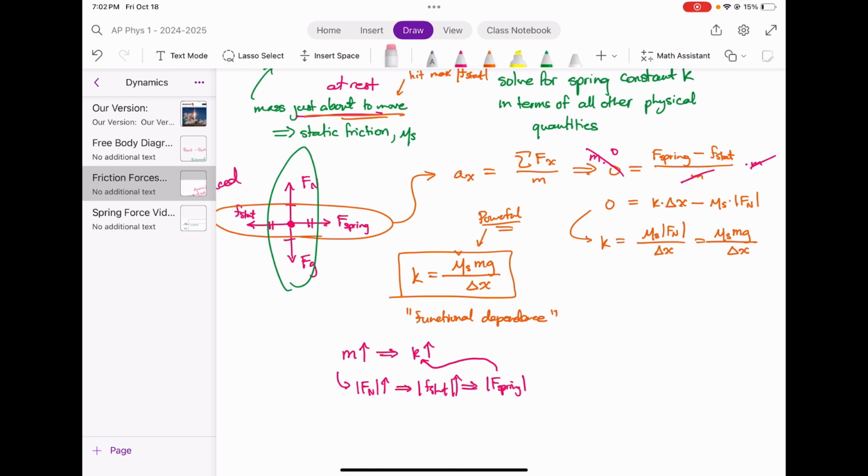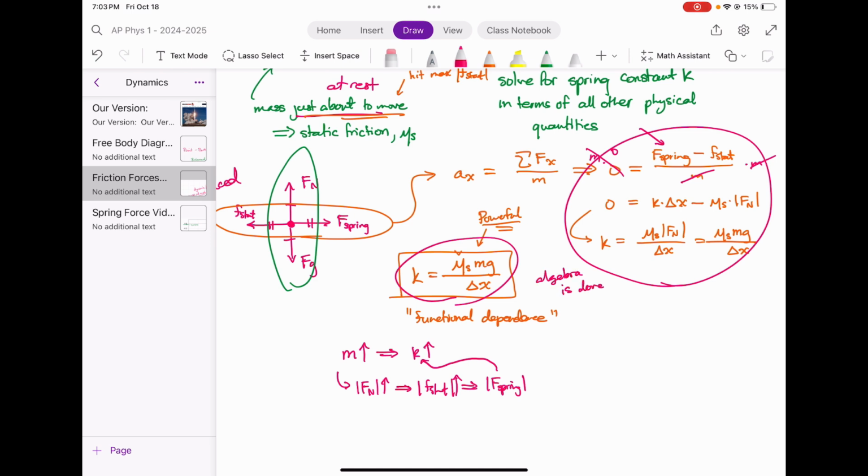Whereas if you plug in the numbers first and then you do all this algebra and you get to the wrong answer and you realize you plugged in the wrong number at the very beginning, well, now you got to redo all that algebra again, right? But if you have the formula, the algebra is done, right? So if you get one of the numbers wrong, no worries, right? Just plug in the correct value.